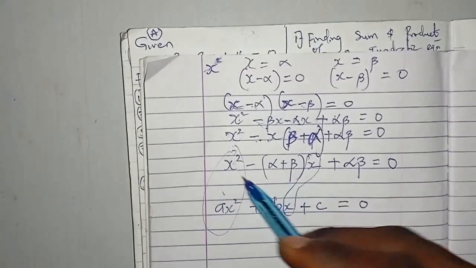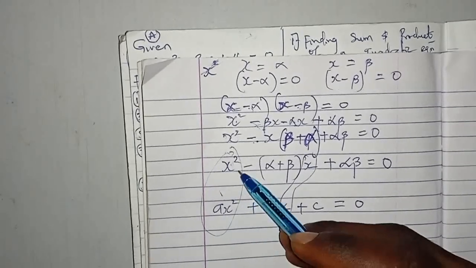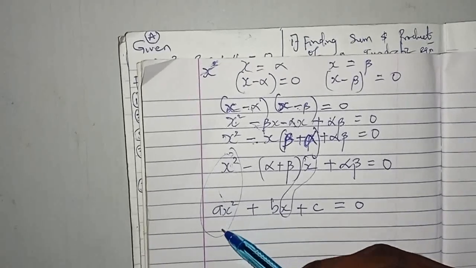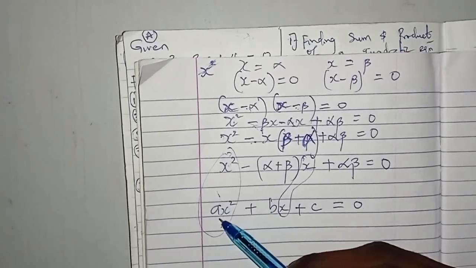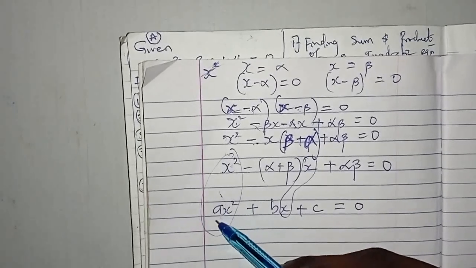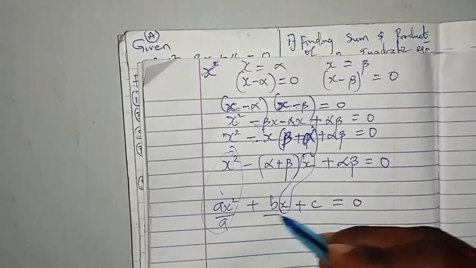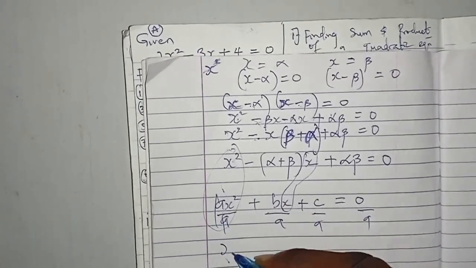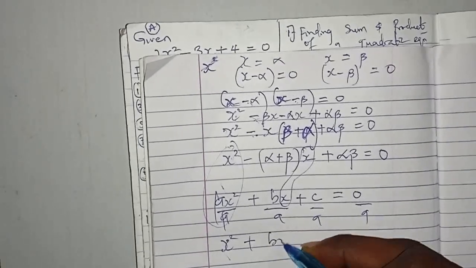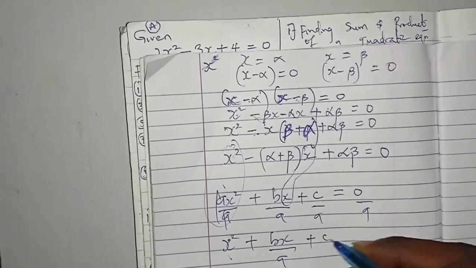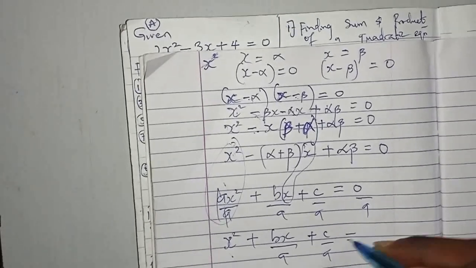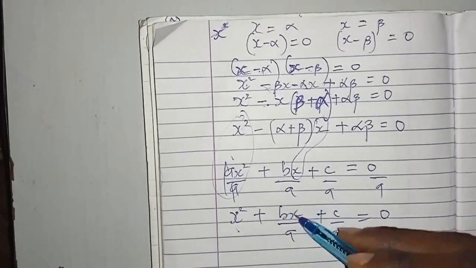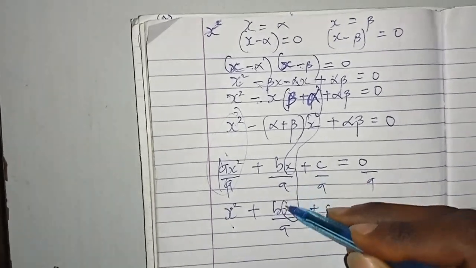We normally say that the highest power of a quadratic equation, or polynomial, should have unity, meaning it should have 1 as its coefficient. So we divide everything by a, which gives x squared plus bx over a plus c over a equals 0. 0 divided by a is 0.